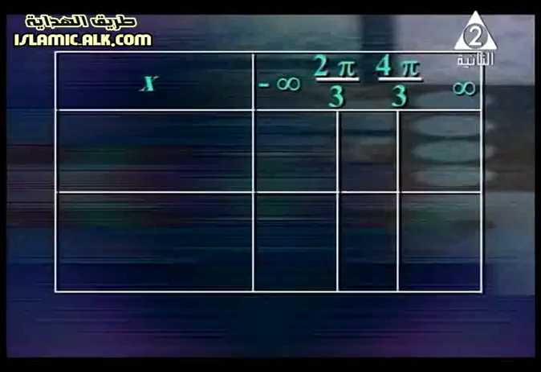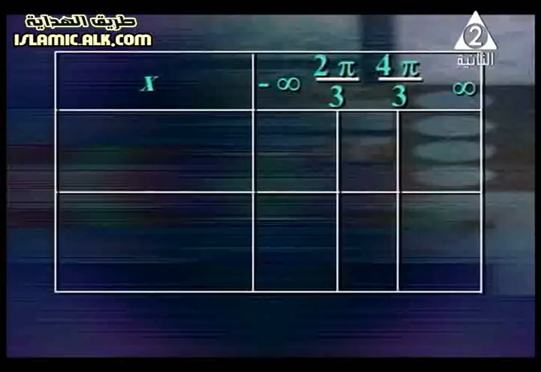We obtain the table. The first column is x. The second column, first interval, negative infinity to 2π over 3. Third column, 2π over 3 to 4π over 3.